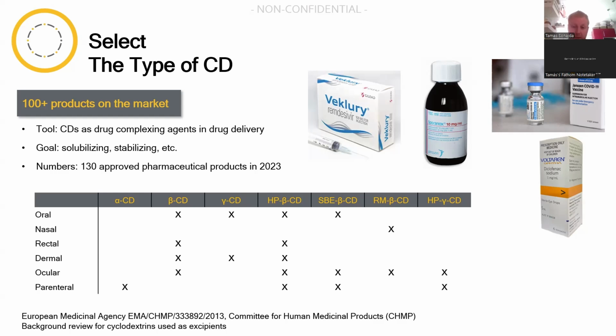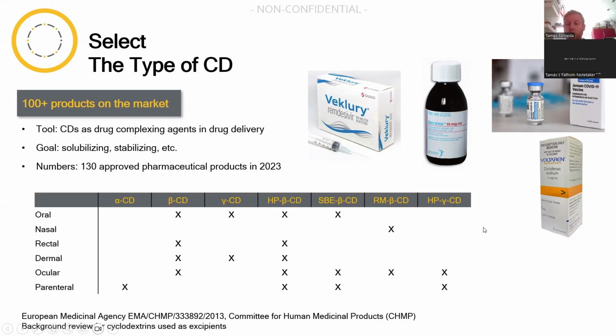When I mention cyclodextrins, I'm not talking about one molecule, because cyclodextrins come in three different sizes: alpha, beta, and gamma cyclodextrin. In this order, the size increases. There is also chemical modification of some of them: hydroxypropylation, where HP is mentioned, SBE for sulfobutyl ether beta cyclodextrin, and RM for randomly methylated cyclodextrin.